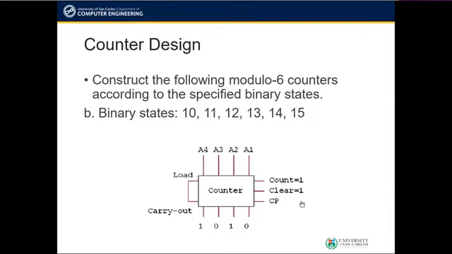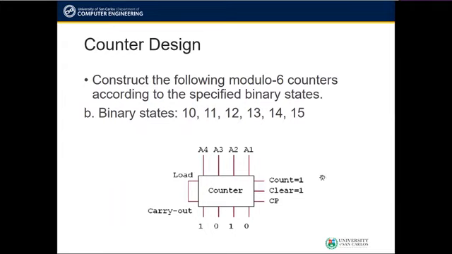The CP is simply supplied with clock pulses. The parallel load inputs are inputted with 1, 0, 1, 0 or binary 10. The load input is connected directly to the carry out output.